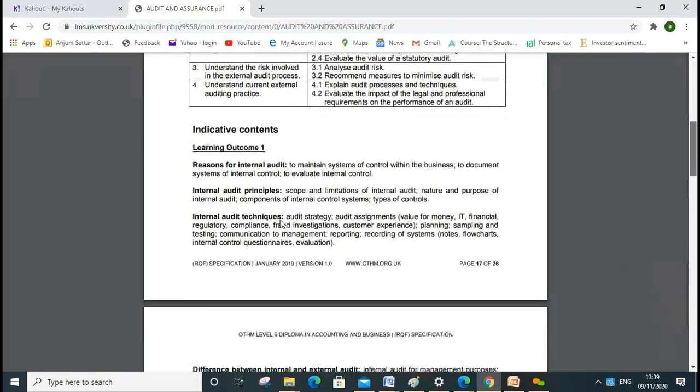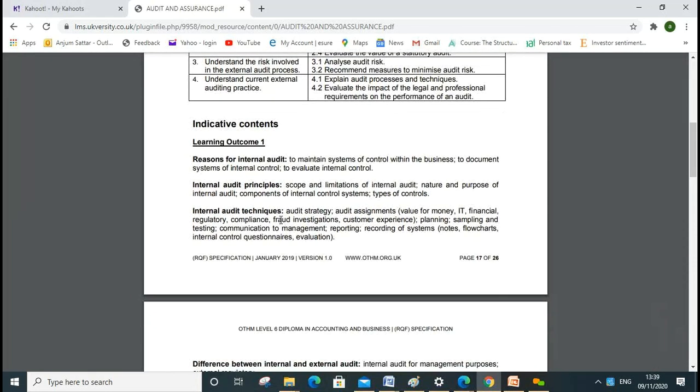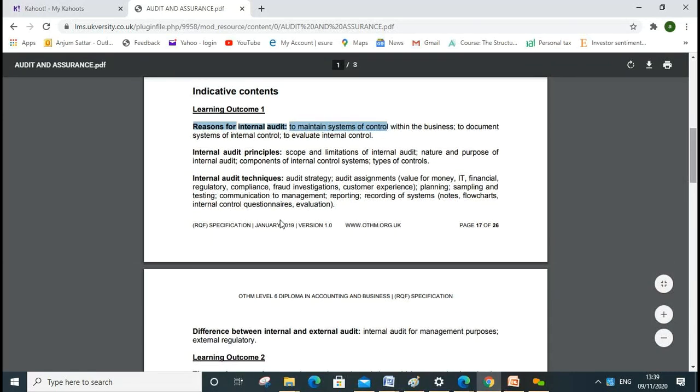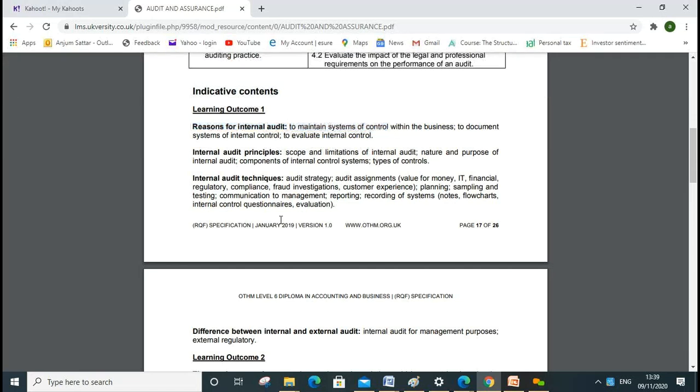Learning outcome 1 is reasons for internal audit: you maintain the system of control within a business, document the system, and use internal control to evaluate internal control. We'll go through the reasons for internal audit, internal audit principles, limitations, and the different types of control, with some examples.